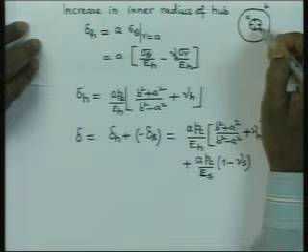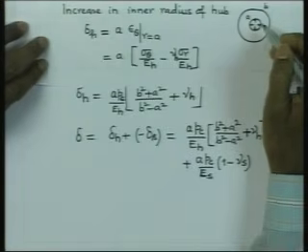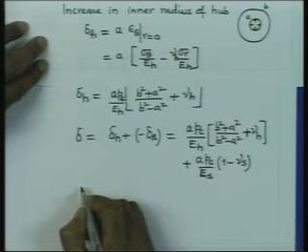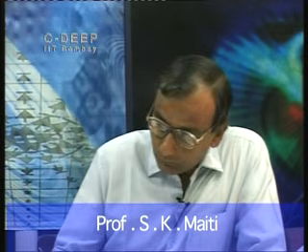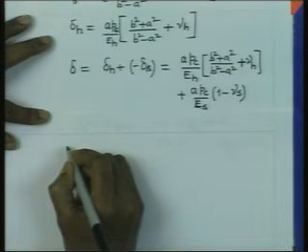Now, once you have got this Pc from this relationship, this Pc is going to act at the inner radius, and therefore, you can now find out the friction stress. So, you have got now the contact pressure Pc.